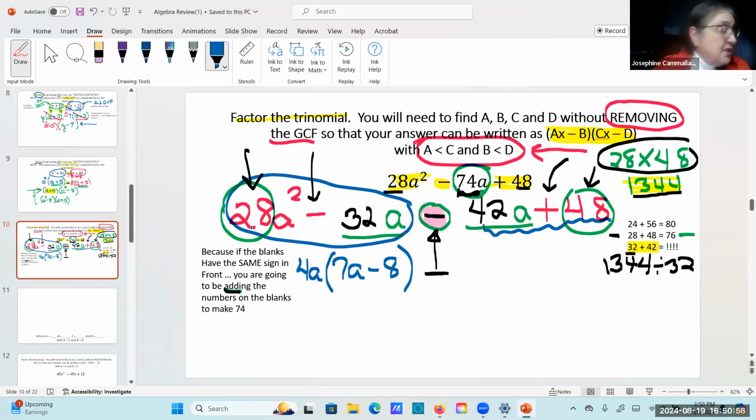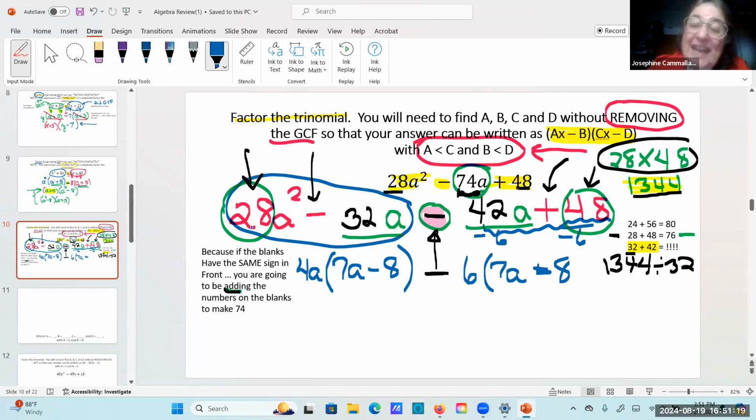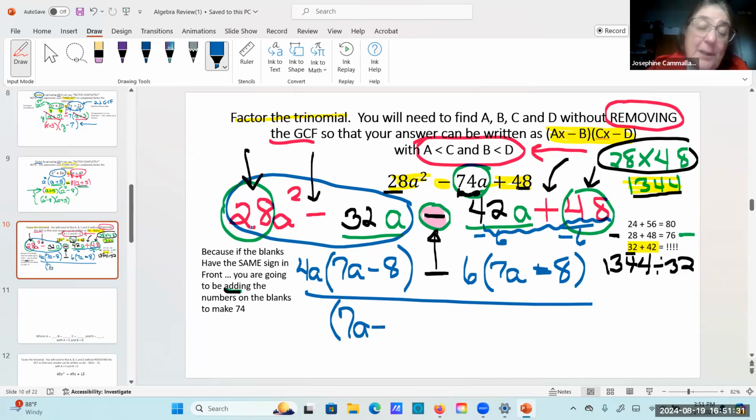Now, these two terms just happen to have a 6, but don't forget, it's negative 6, which is going to give me 7a minus 8. These are my factors. 7a minus 8, 4a minus 6. That's what I got.